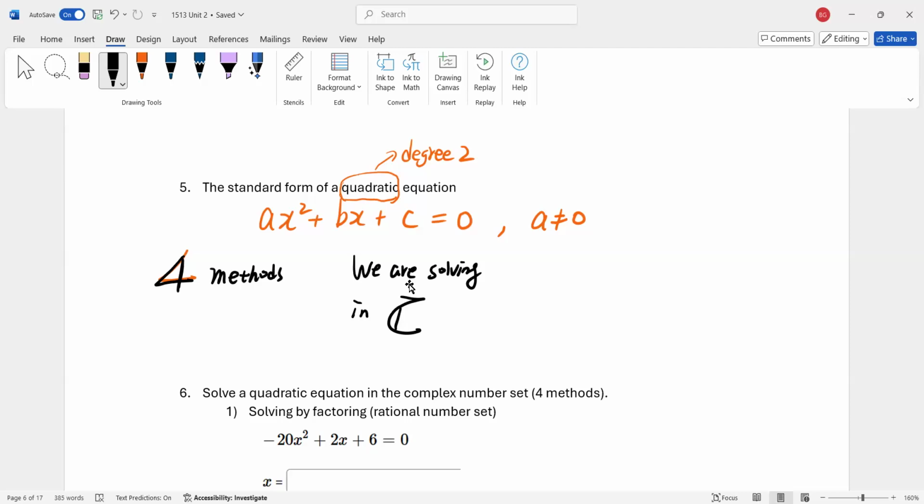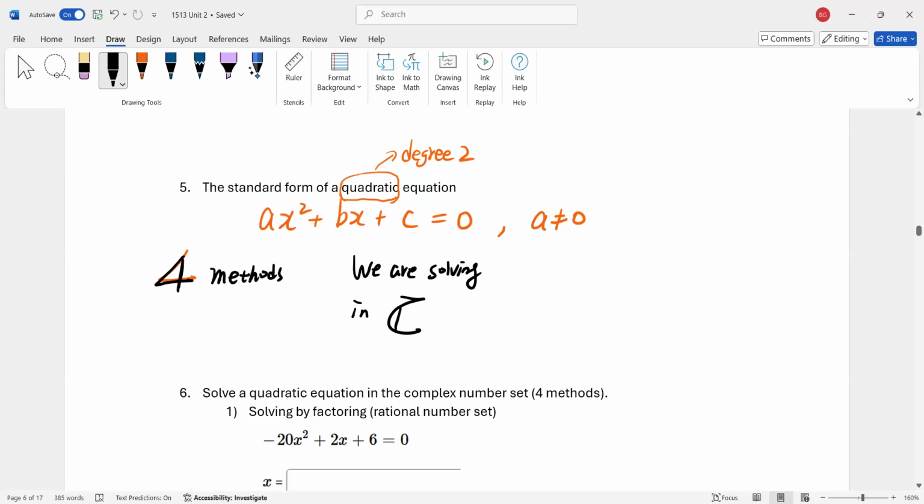If the equation has irrational solutions or even complex number solutions, you cannot apply that method. Just to let you know, in this section, we are solving quadratic equations in the complex number set.